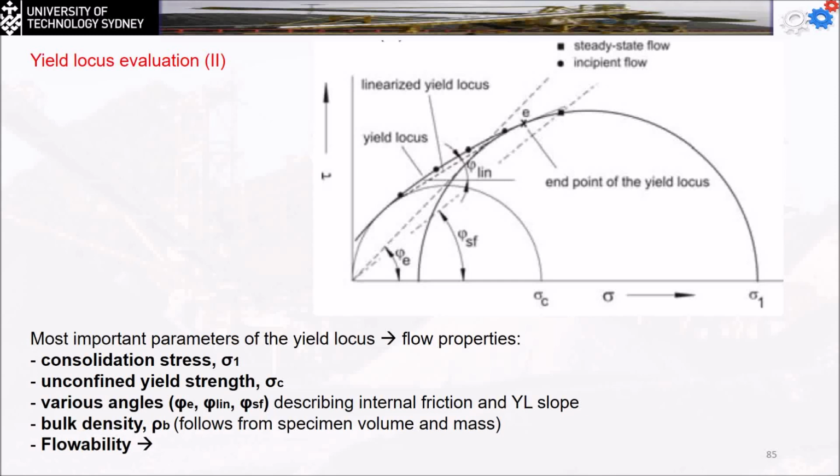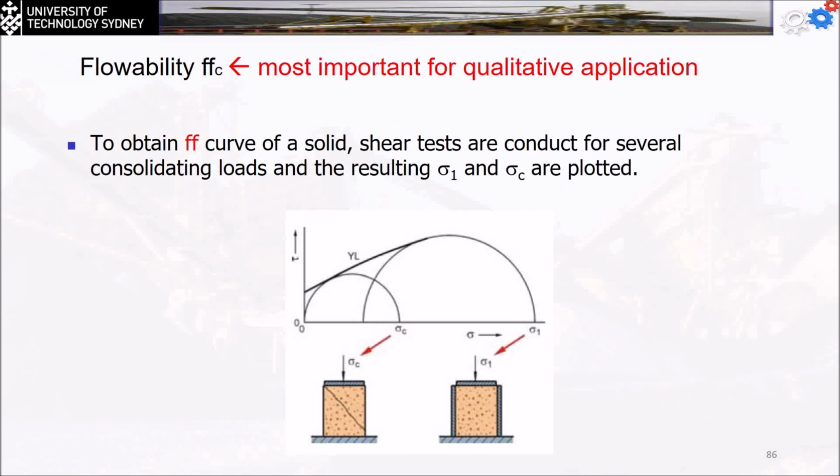The bulk density and the flowability can then be found by finding all these values and doing certain calculations. So the flowability factor, the ffc, is the most important for qualitative applications. To obtain the flow factor curve of the solid, shear tests are conducted for several consolidation loads, and the resulting values of the sigma 1 and the sigma c are plotted in the diagram.